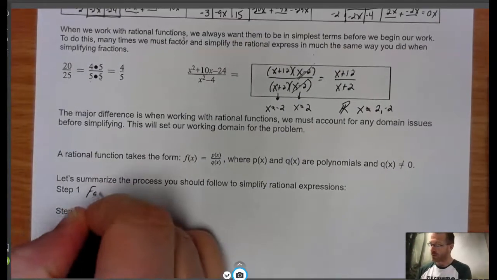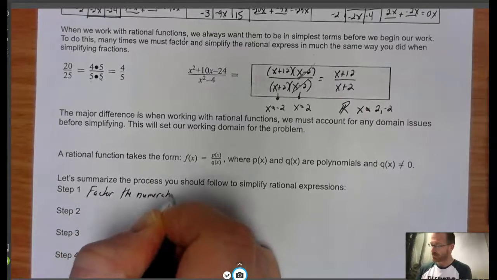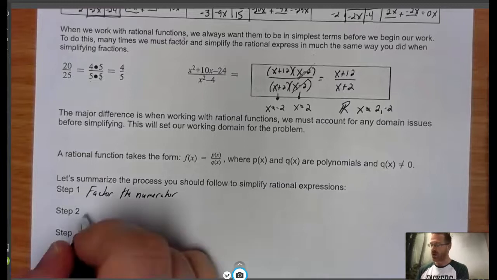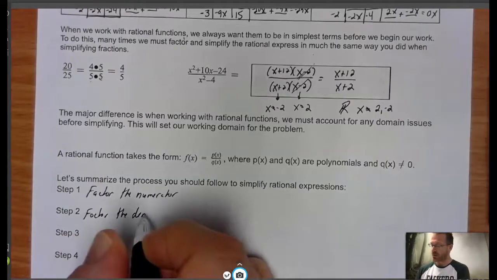Well, we want to factor the numerator. And then we want to factor the denominator.